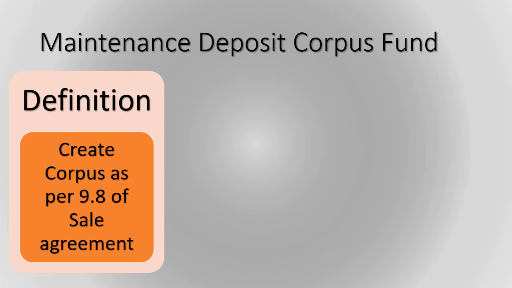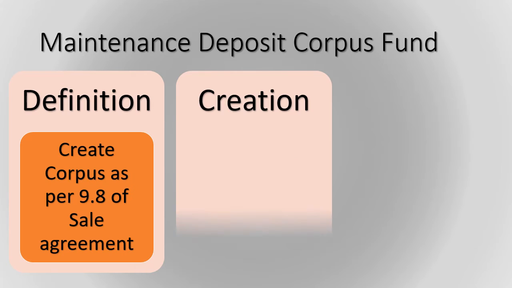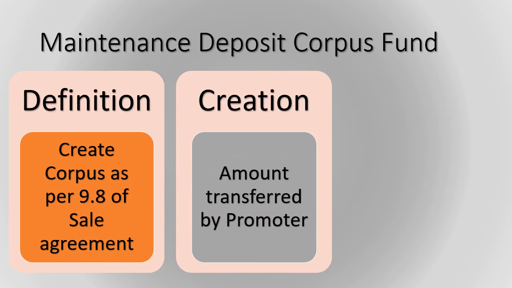So by definition, it is created according to the sale agreement which every member has already signed. It is created out of the amount transferred by the promoter. So this will include the principal amount as well as whatever is the interest that has been earned on that.